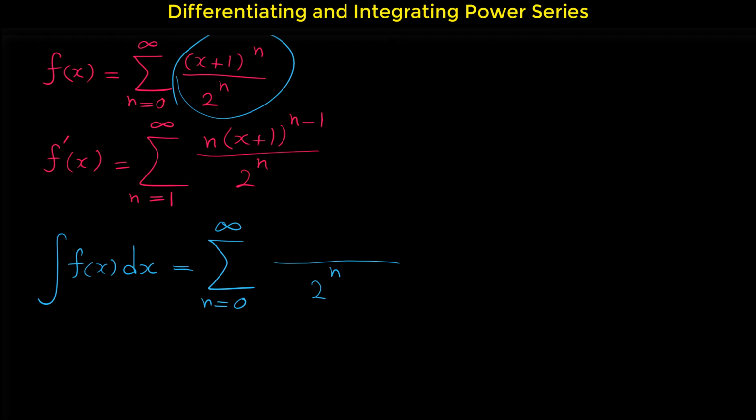Based on the power rule for integrals, the integral of (x plus 1) to the n is (x plus 1) to the power of n plus 1. We have to add 1 to the power, and we have to put the new power in the denominator, so we multiply the denominator by n plus 1. So the integral of this power series is (x plus 1) to the power of n plus 1 over 2 to the n times (n plus 1). And don't forget to add c at the end of your answer.